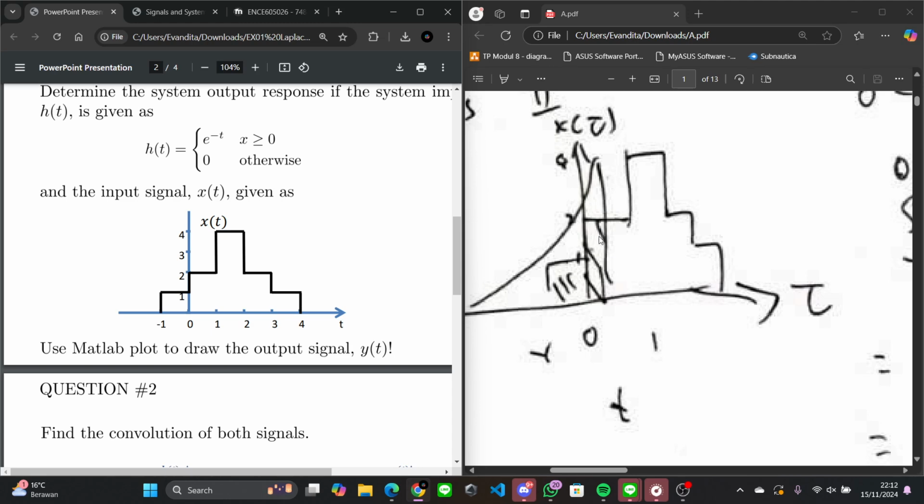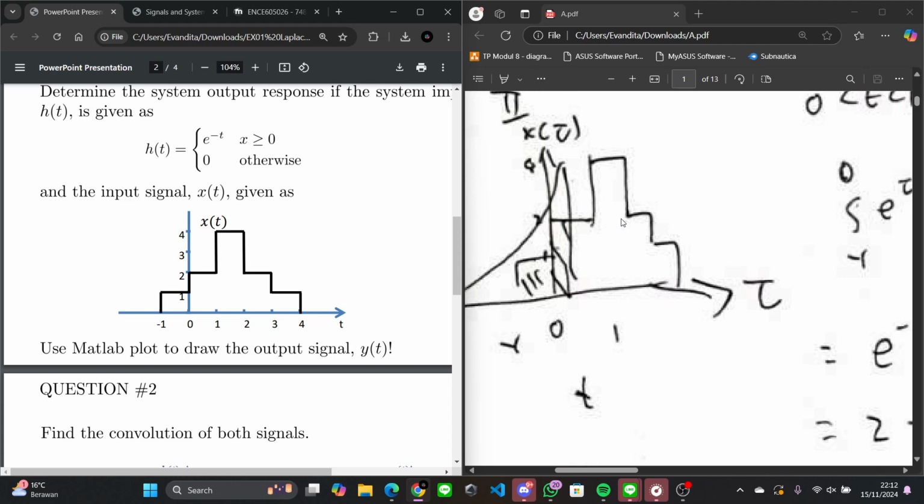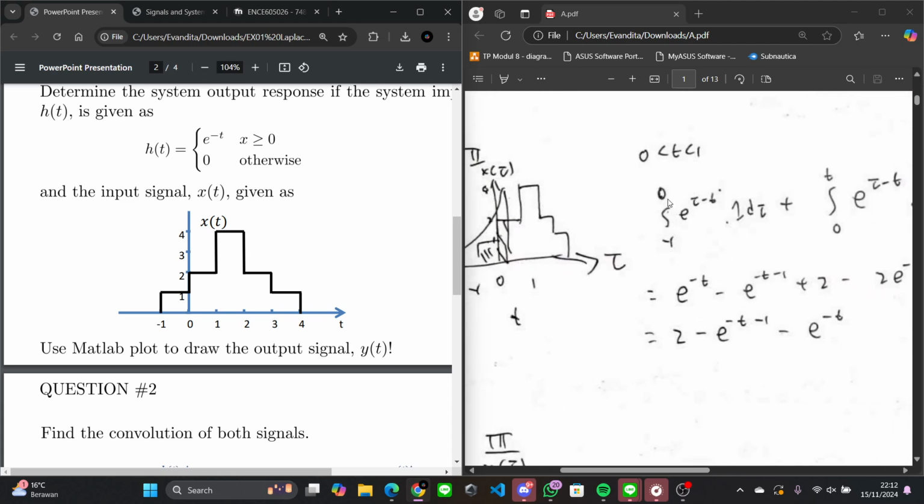The integral must be split, because from negative 1 to 0 the value of the signal is 1, but from 0 to 1 the value of the signal is 2. If we want to sum it, we can use an integral, but we need to split it.